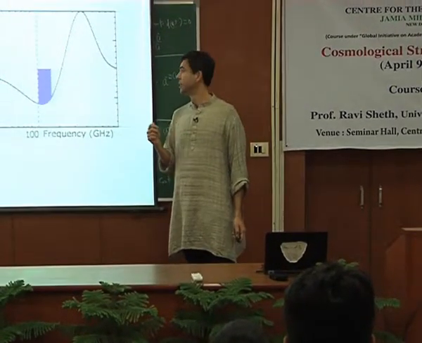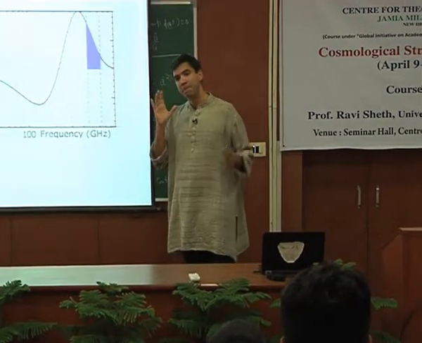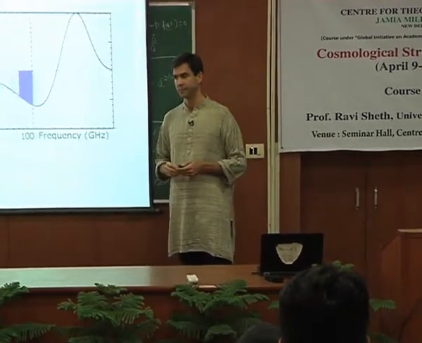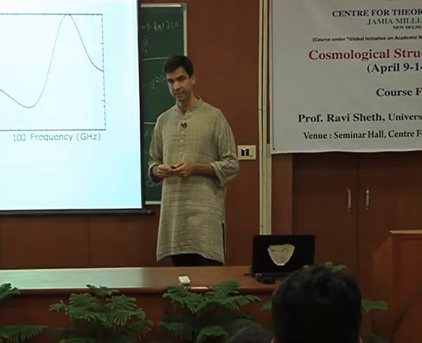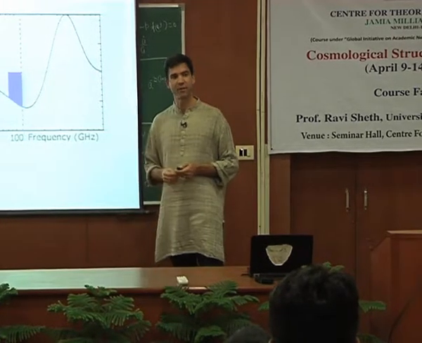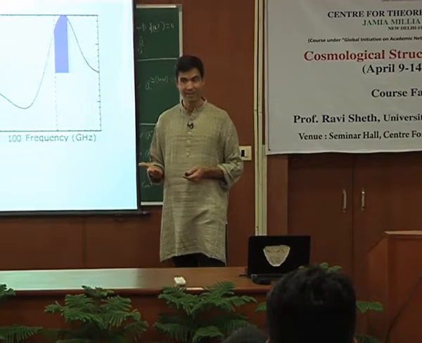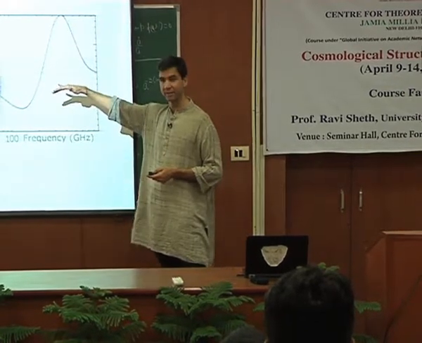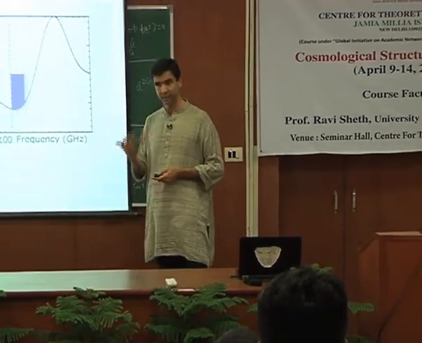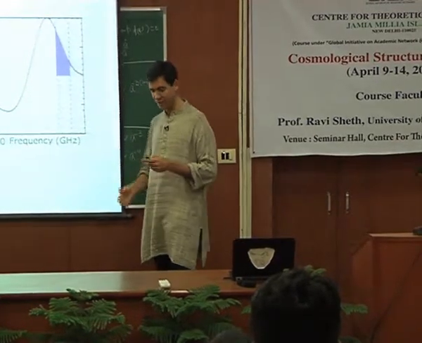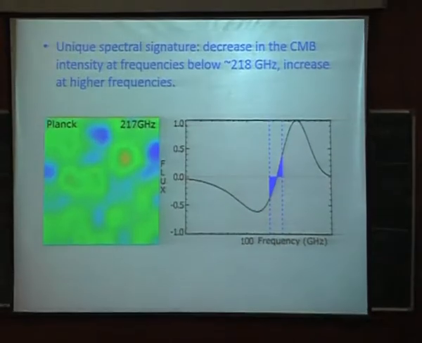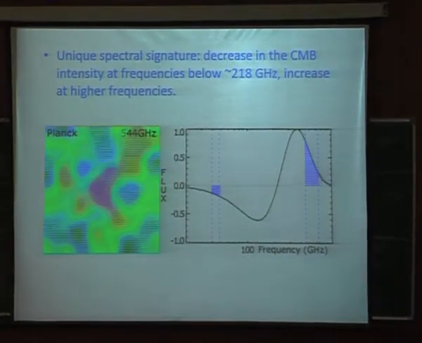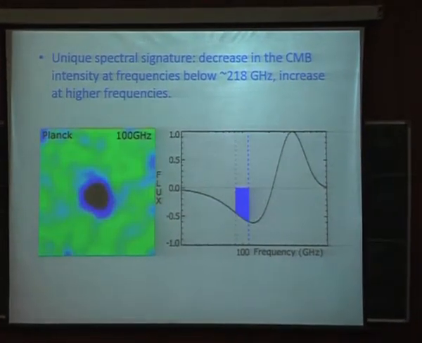The bulk motion of a cluster is smaller, a few hundred kilometers per second. And so the Doppler shift that you get from that is smaller. And so the signal is a lot smaller for the KSZ effect than the thermal effect. So not only do you have to look at the 0, you have to be that much more sensitive because it's a harder measurement to make.